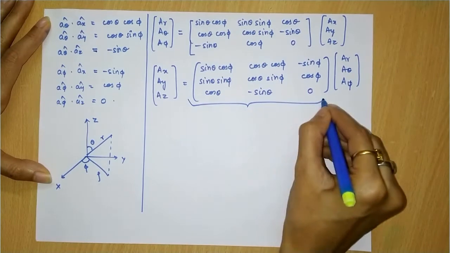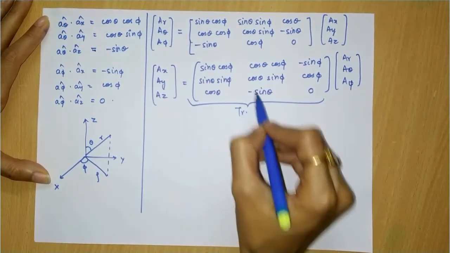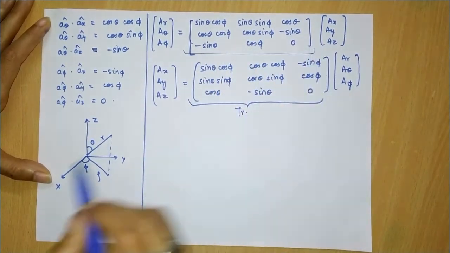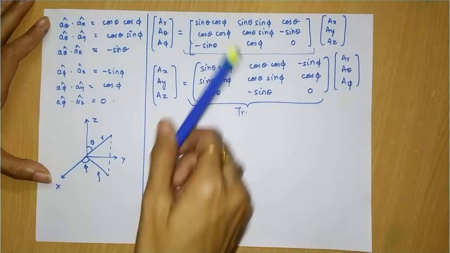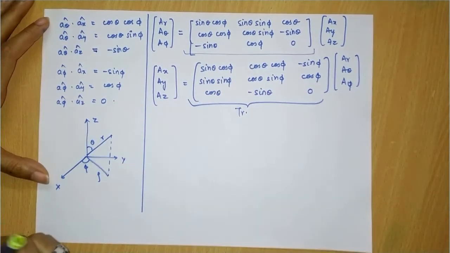This matrix is basically the transpose of this one. If you remember one matrix, we can get the other one.